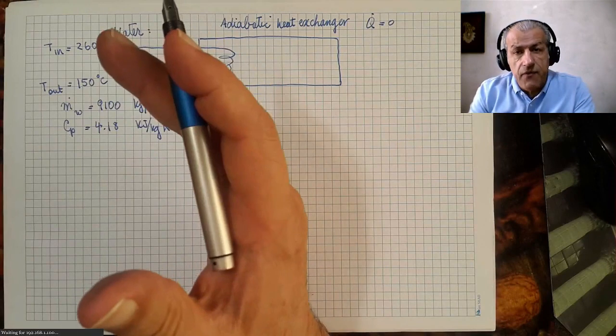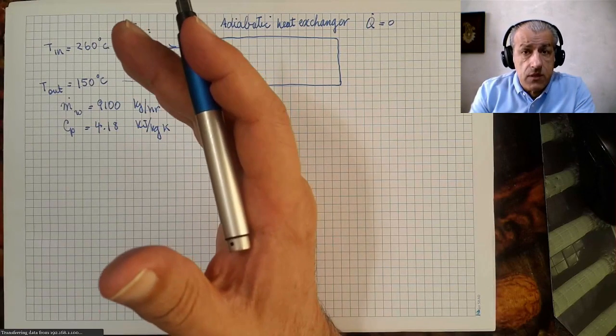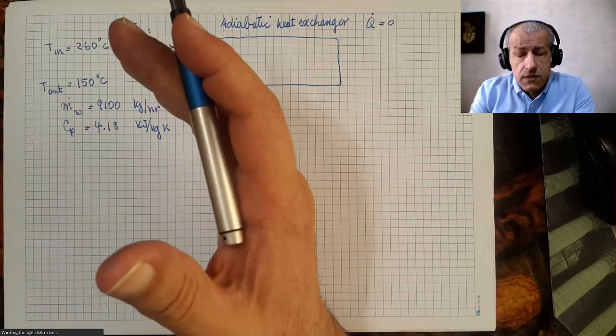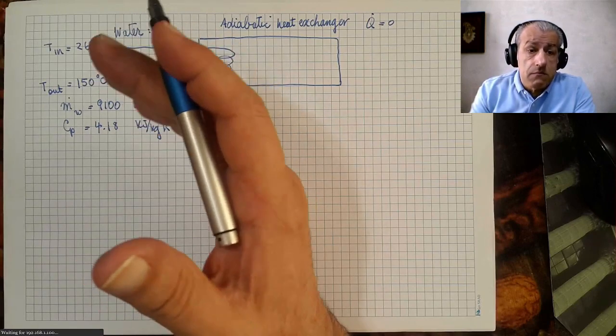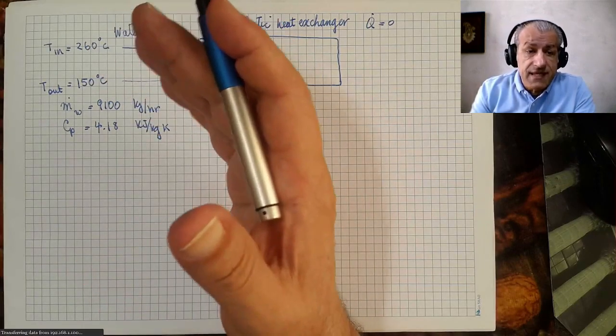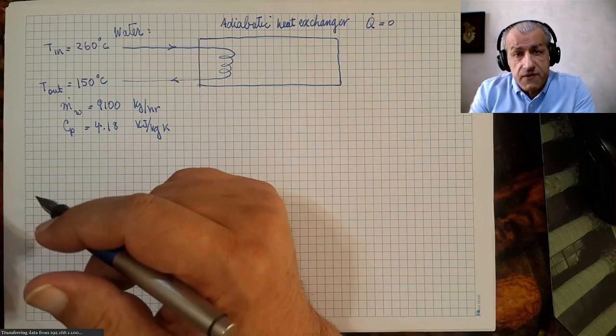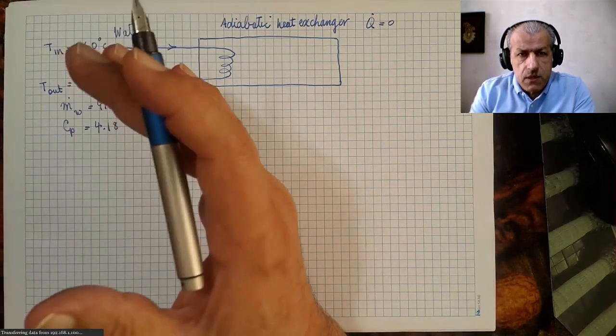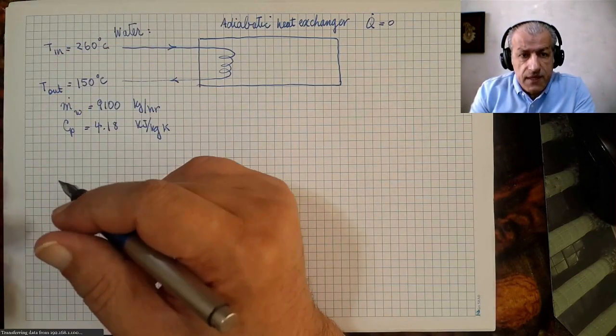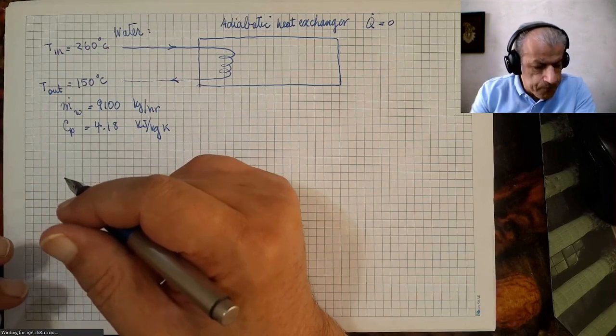Since we have water, it's a compressed liquid, and generally speaking, Cv and Cp, the specific heats, are very close. We get the same value for them.